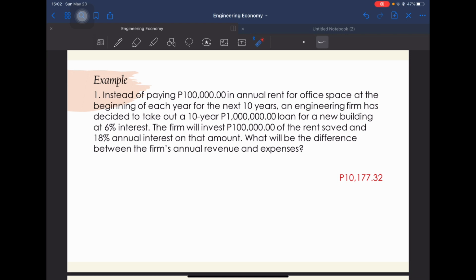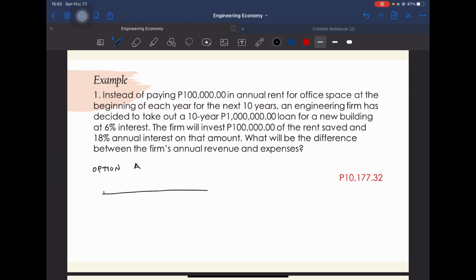What will be the difference between the firm's annual revenue and expenses? Okay, so let's interpret muna. Unahin natin to. Meron silang option A. Option A. Ang sabi, the company has to pay rent dun sa kanilang office space that is worth 100,000 pesos to be paid at the beginning of each year for 10 years. So, eto yun.